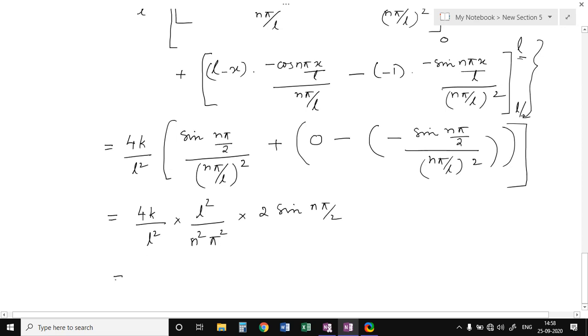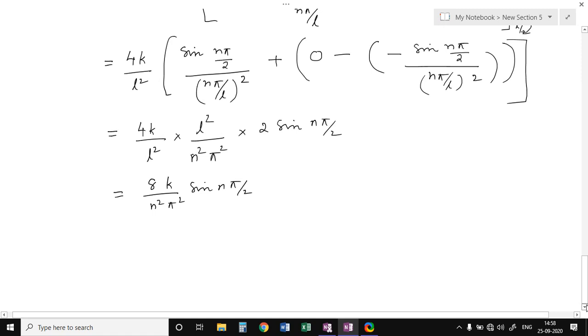So we can write this as 8k by n square pi square sin n pi by 2. So this is the value of an, and now we can observe that when n is an even number, you will get sin as 0. Therefore, an has non-zero value only if n is an odd number.